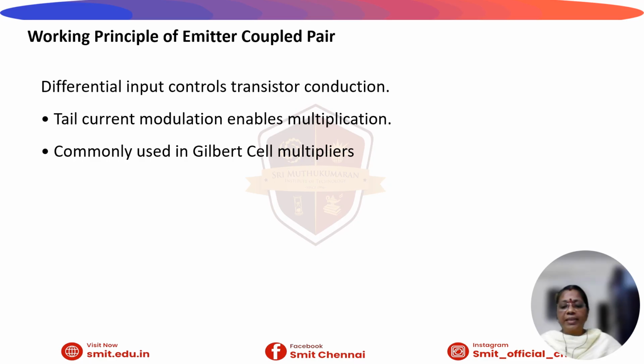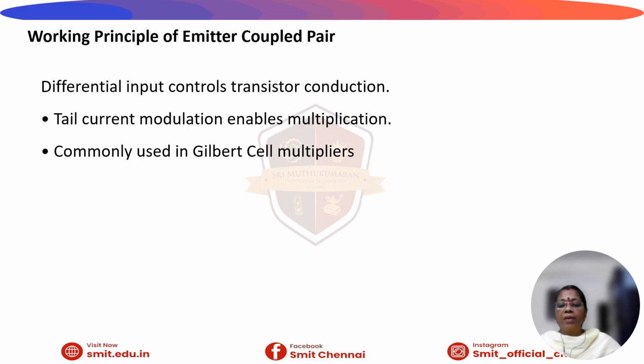In the unbalanced state, when a small voltage difference is applied between two bases, the base of Q1 is slightly higher than Q2, that is, the VBE of Q1 increases. Because of the exponential nature of BJT, Q1 begins to conduct much more current, pulling the common emitter voltage up. The rising emitter voltage reduces the VBE of Q2, causing Q2 to conduct less current.